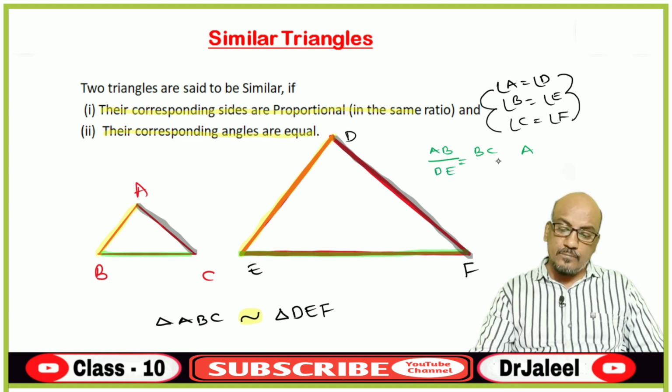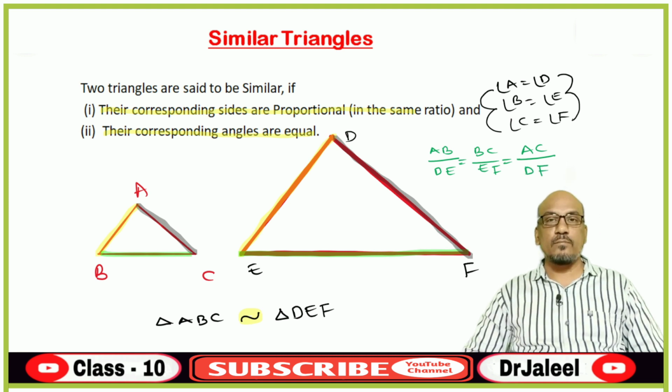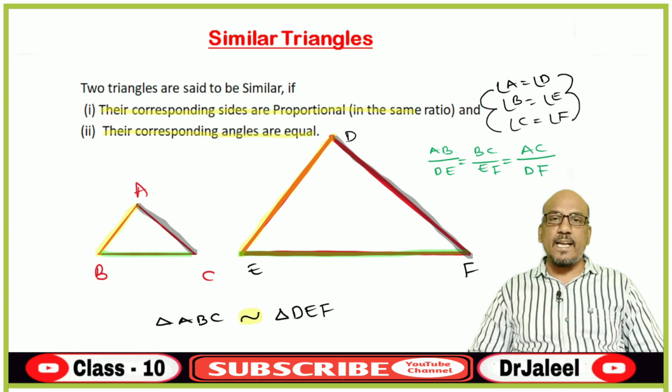AB by DE, BC by EF is equal to AC by DF. So children, two triangles are said to be similar when they are same in shape. And there are two conditions for that: the corresponding angles of both the triangles must be equal and corresponding sides must be proportional.